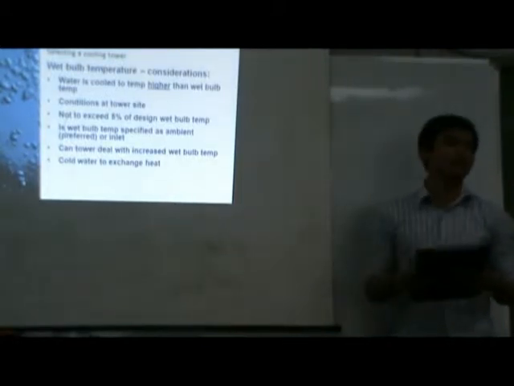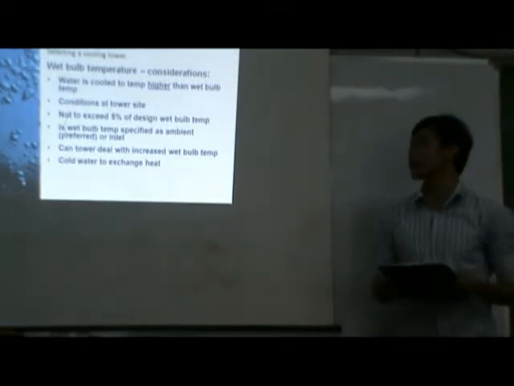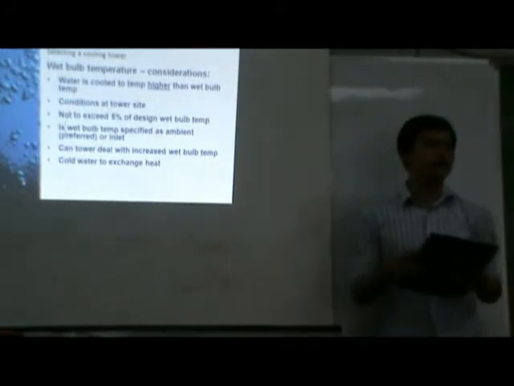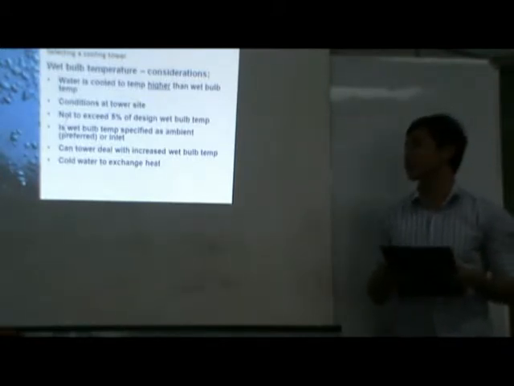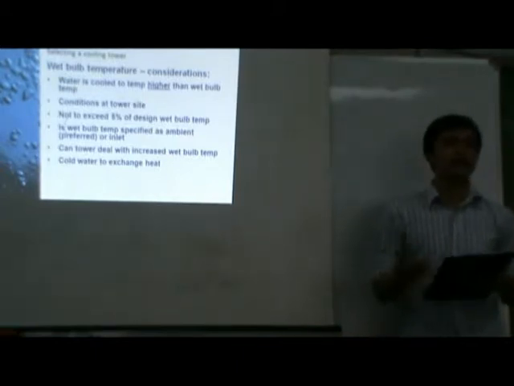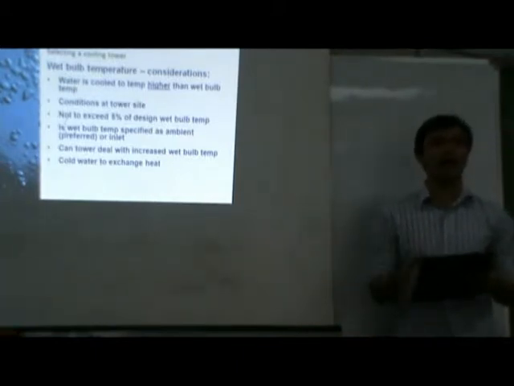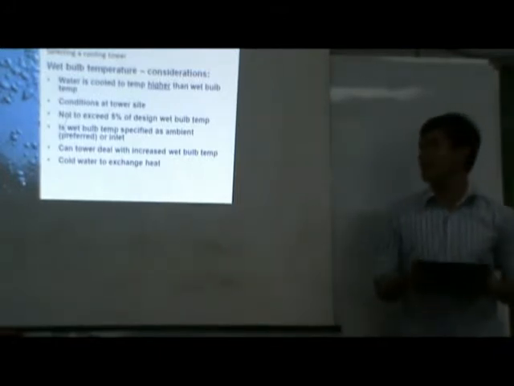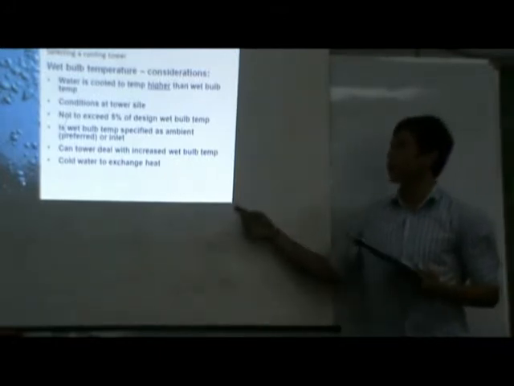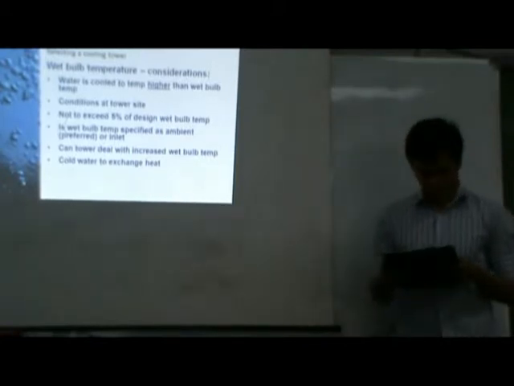Yan, kailangan natin consider yun sa wet bulb temperature. At yung tower, can it deal with increased wet bulb temperature? Flexible ba yung gusto natin cooling tower? Kung pag-increase natin yung wet bulb temperature, makakayanin ba ng cooling tower? So, yan, kailangan natin din yung consider sa selection of cooling tower and cold water to exchange heat.